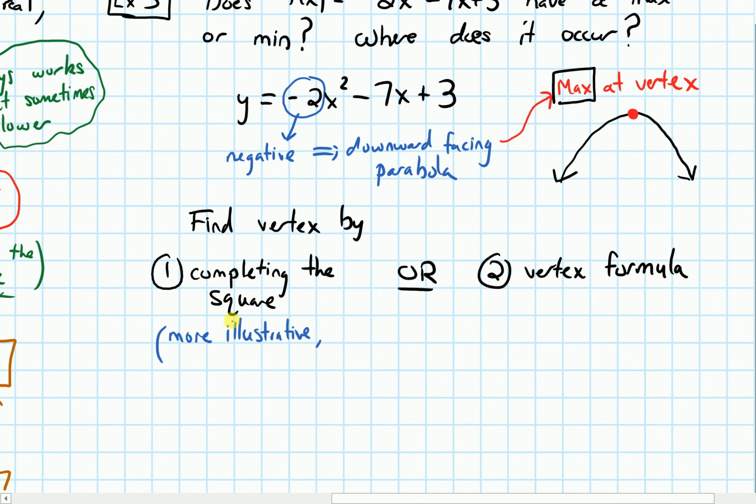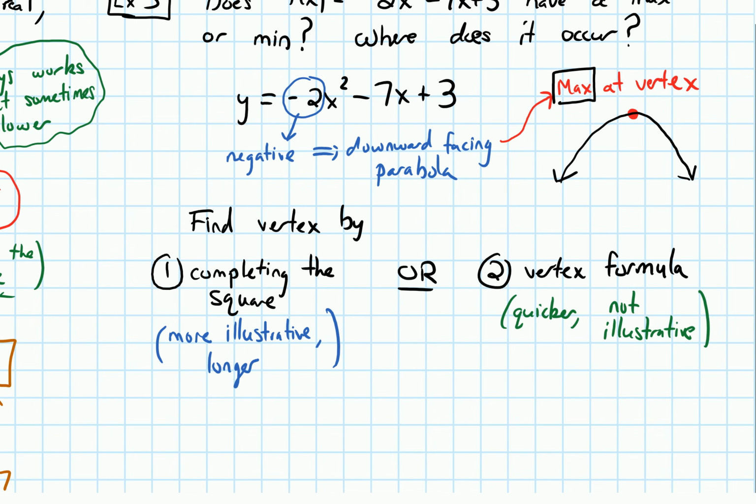It's more obvious from the process and the answer why the vertex is what it is, although the process is longer. I like it more because I think it's more conceptual. The vertex formula, on the other hand, is definitely quicker, but not illustrative. Just by looking at the formula, it's not immediately obvious where it comes from and why it gives us the vertex.